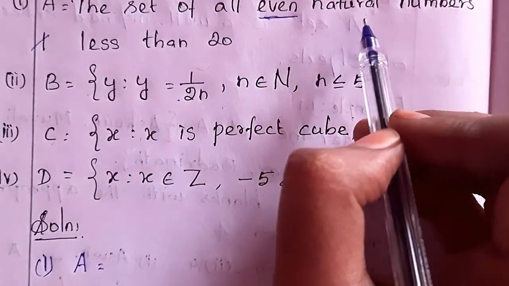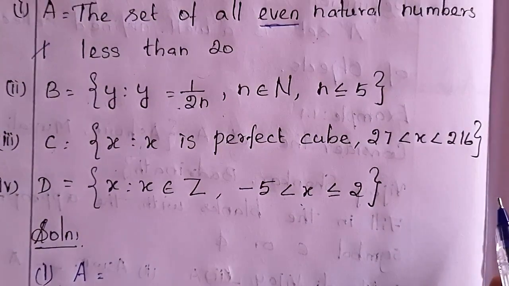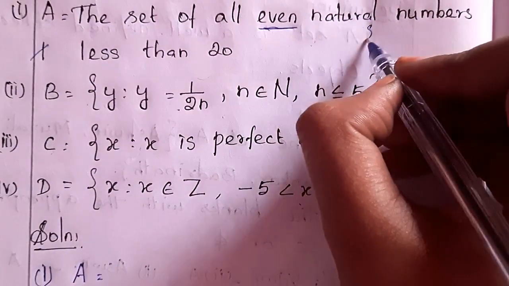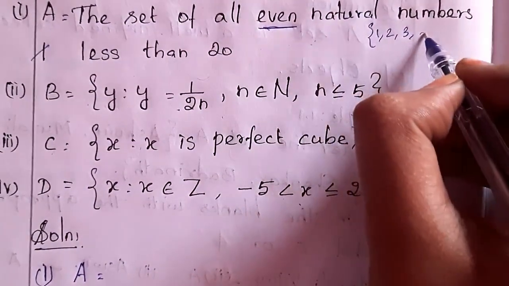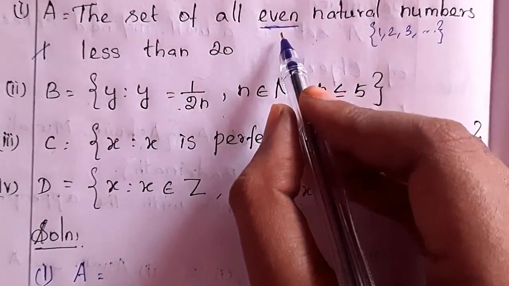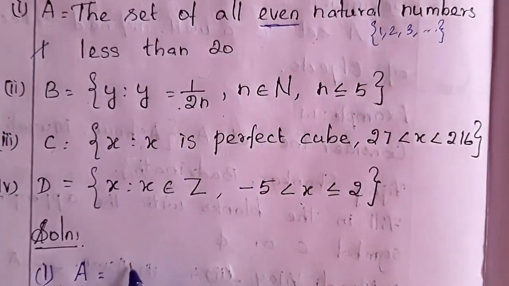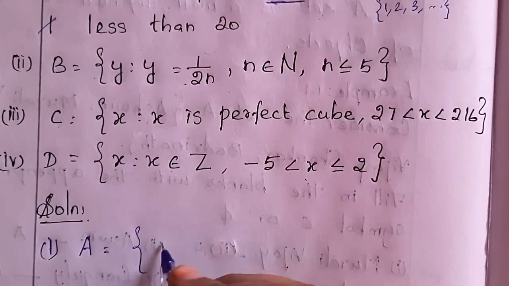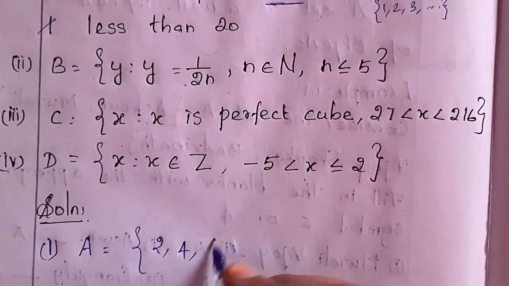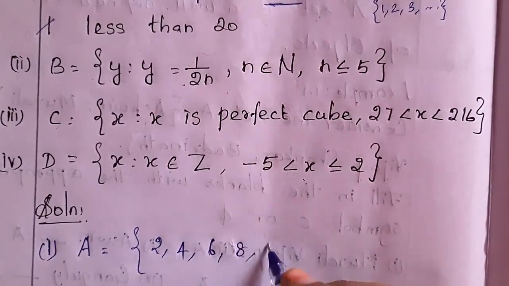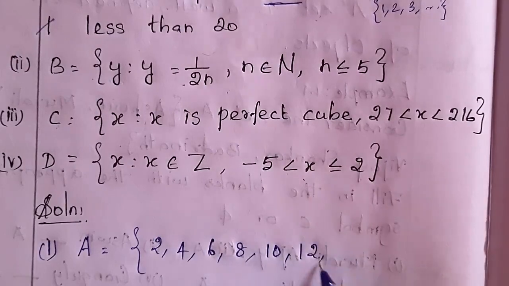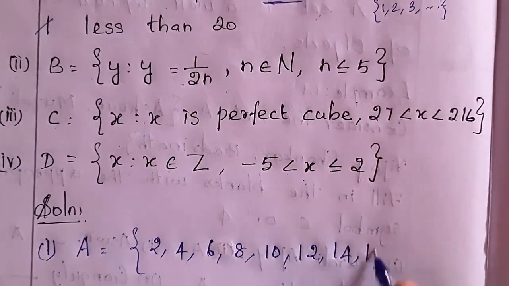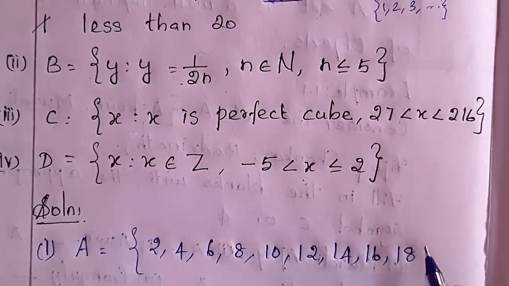Natural numbers start from 1, 2, 3, etc. But we need only even natural numbers. So even numbers, you know that: 2, 4, 6, 8, 10, 12, 14, 16, 18.